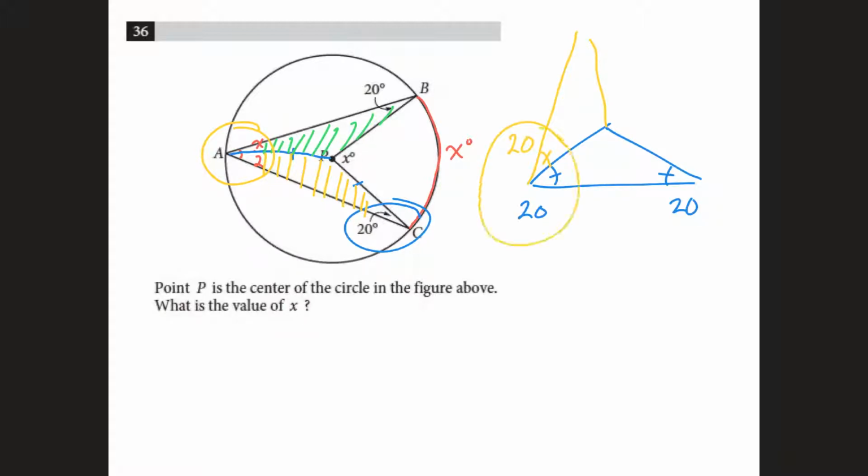So the sum of that corner there, angle BAC, must equal 40. So if I know that angle BAC equals 40, and I know that that's half of x, well then x must equal 80.